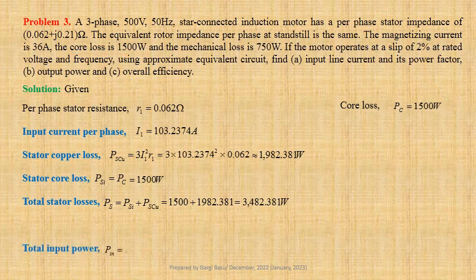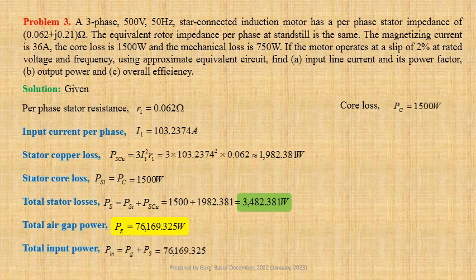Let us now determine total input power. Pin equals PG plus PS. We have obtained total air gap power PG equals 76,169.325 watt. Therefore, Pin equals 76,169.325 plus 3,482.381.